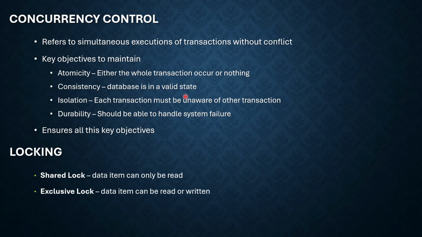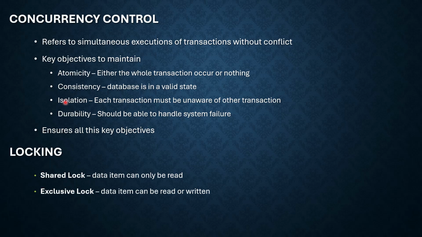That is consistency, which I can say is the data integrity of the database system. By the meaning of consistency, we should not be able to break the data integrity of that database. Third one is isolation.